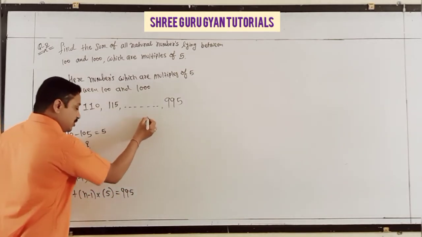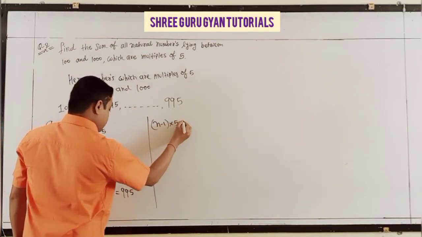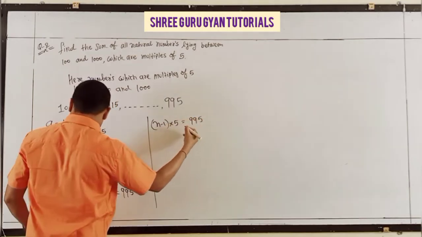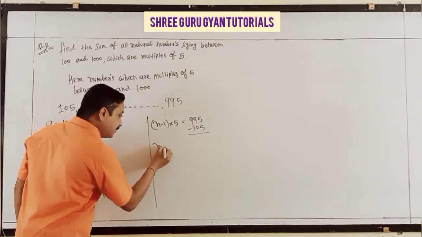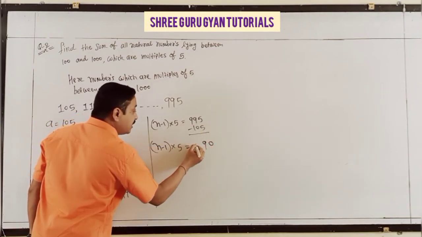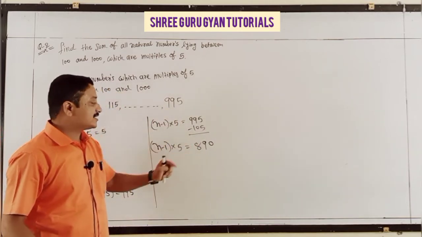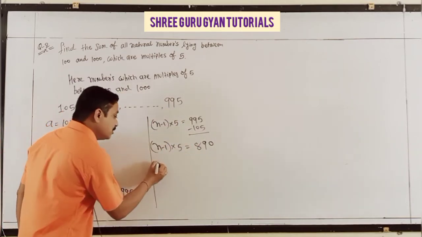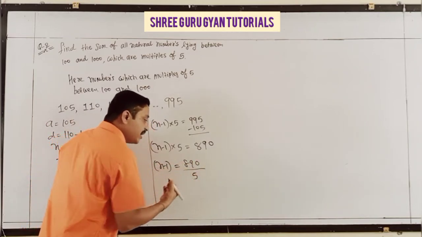And 995, so we get n minus 1 into 5. On this side 995 minus 105, so you easily get 890. That is our product, divided by 5 now. So n minus 1 is equal to 890 by 5.